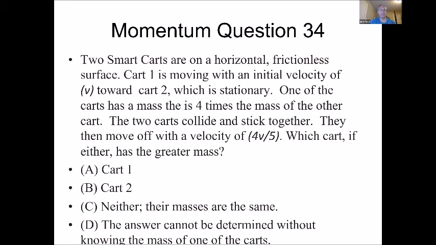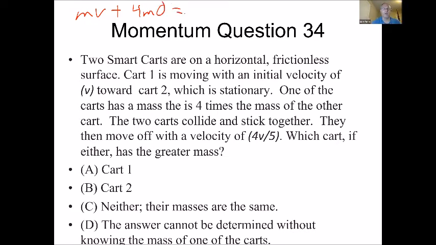The easiest way to do this is just to think of this as an inelastic collision and apply the law of conservation of momentum to the two different scenarios. So we could say that cart 1 is the smaller cart, and we'll call it M, and it's moving with speed v. It hits cart 2, which has a mass rather of 4m, and it's not moving, so it has 0.